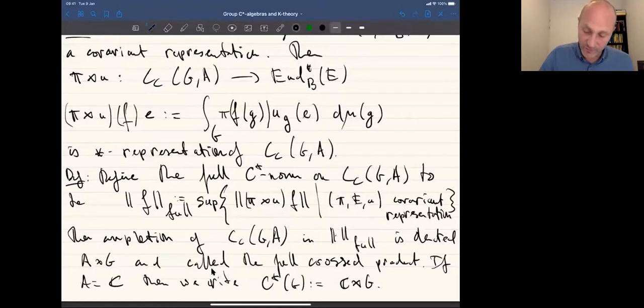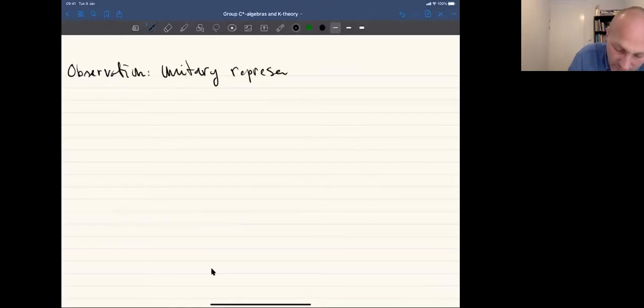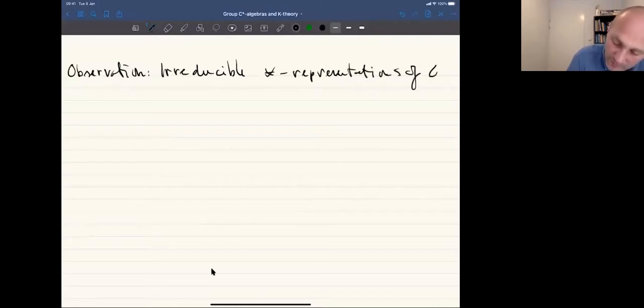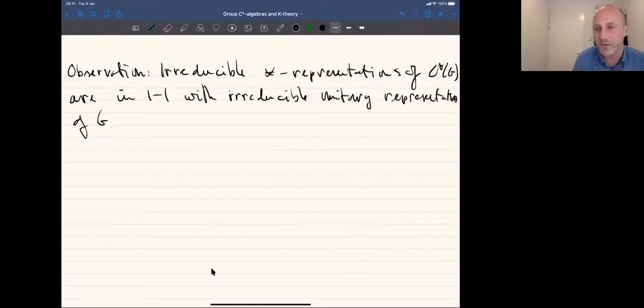So this is the full cross product, and an observation is that irreducible star representations of C star G are in one-to-one correspondence with irreducible unitary representations of G. And I'm talking about Hilbert spaces now.